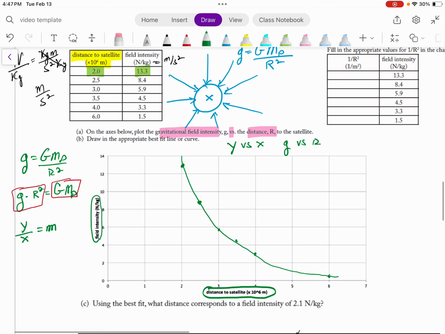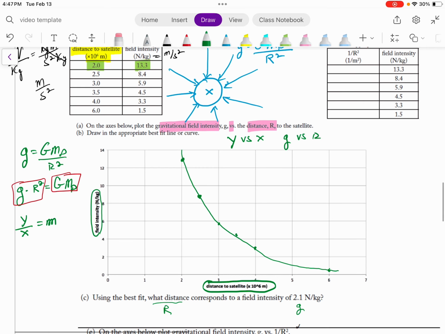C, using that best fit line, what distance, that would be r, corresponds to a field intensity of 2.1 newtons per kilogram? So where's 2.1? Well, this is approximately 3. Here's approximately 2.1.